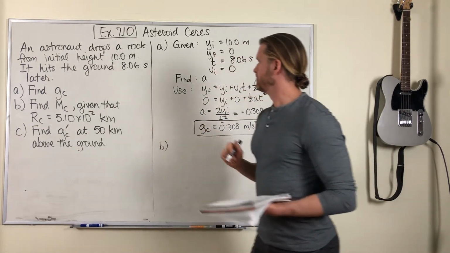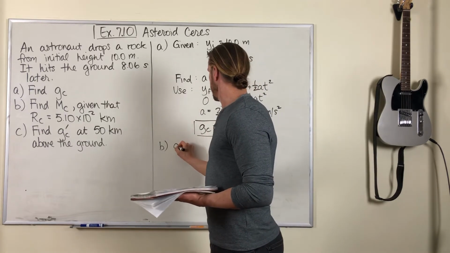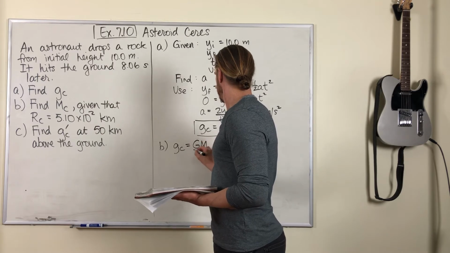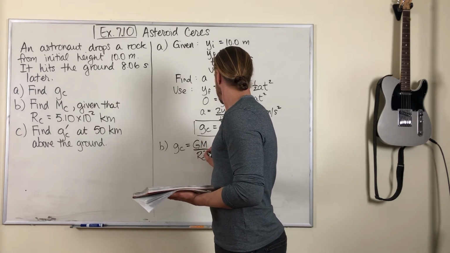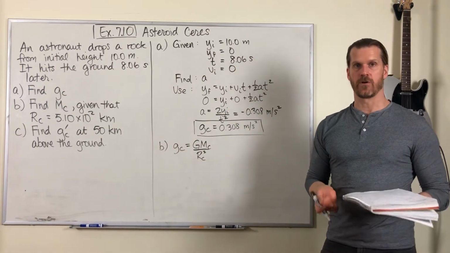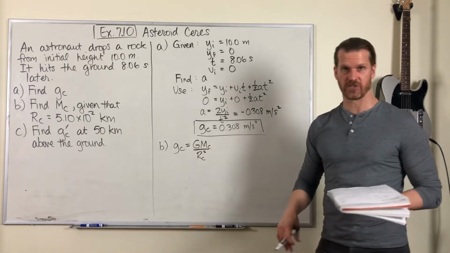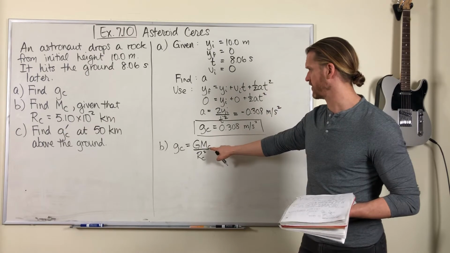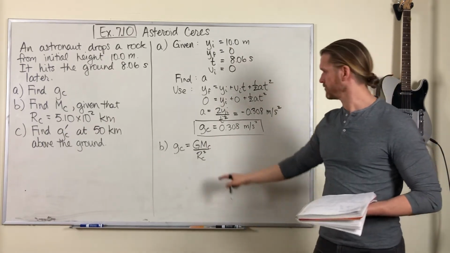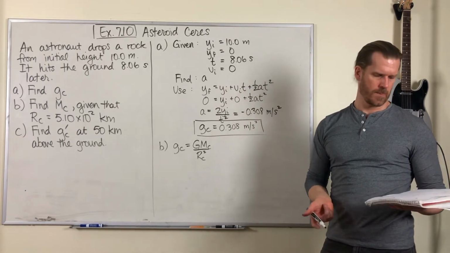All right, find the mass of the asteroid. So we learned this relationship that g, the free fall acceleration, is given by the universal gravitation constant times the mass of the object, writing a subscript c for Ceres, the asteroid, divided by the distance to the center of the object squared.